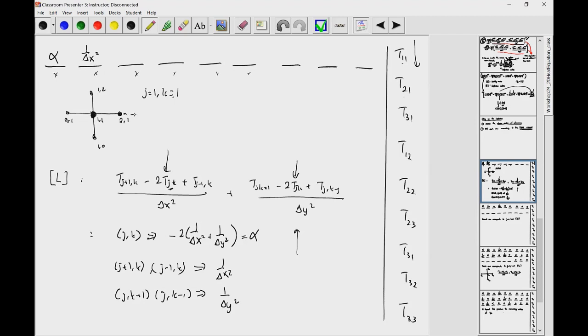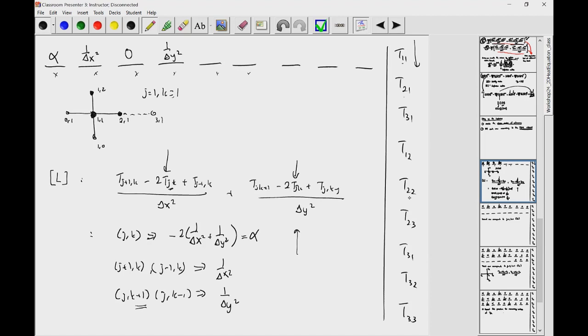The next one is T31. T31 is beyond your stencil. If it is beyond your stencil, it is not in your equation, so you put a 0. Next is T12. T12 is 1 point up, which is k plus 1, so the coefficient is 1 over delta y squared.